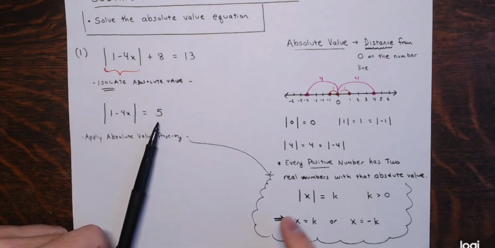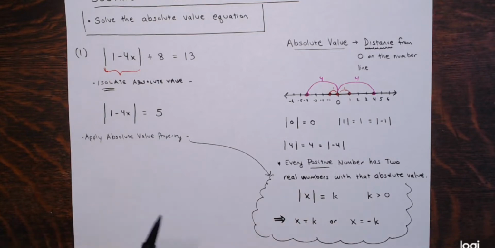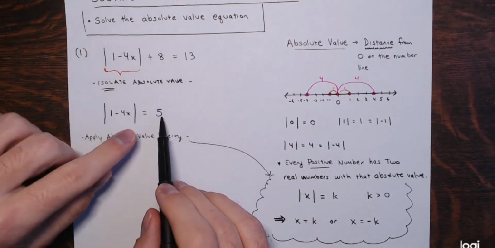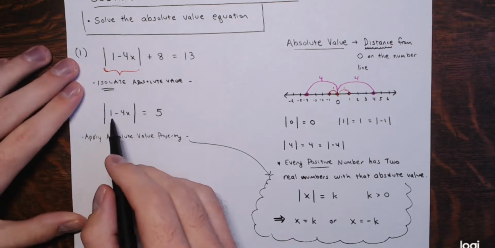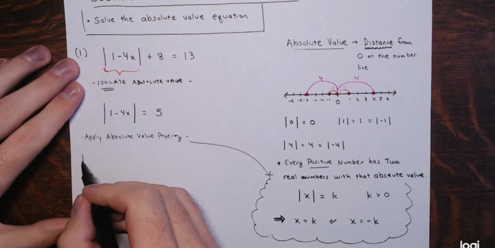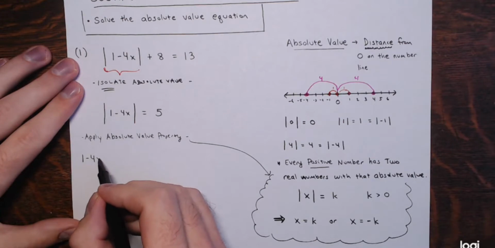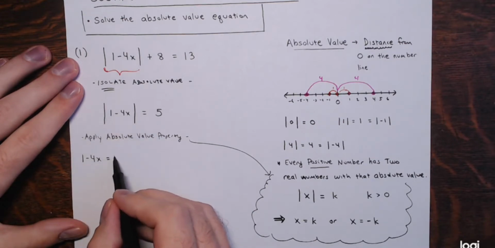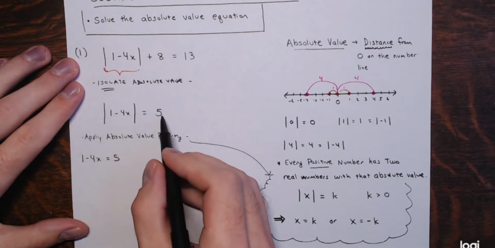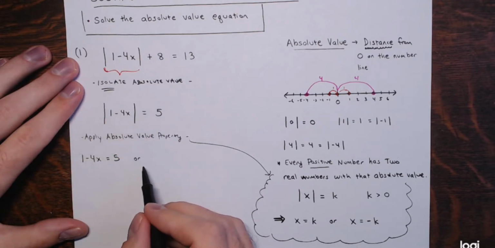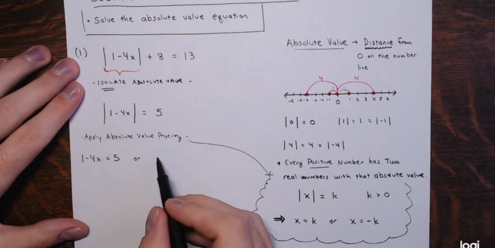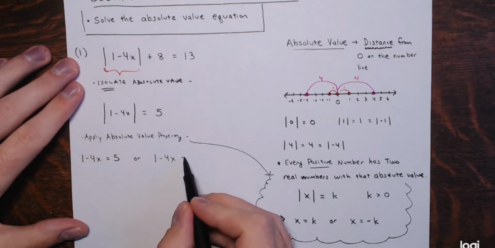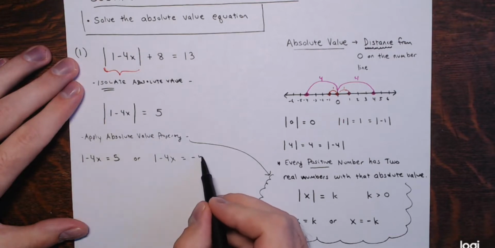So if you think back, what numbers have an absolute value of 5? Well, this 1 minus 4x, the number we're taking the absolute value of, is either equal to 5, because the absolute value of 5 is 5, or it could be negative 5 as well.